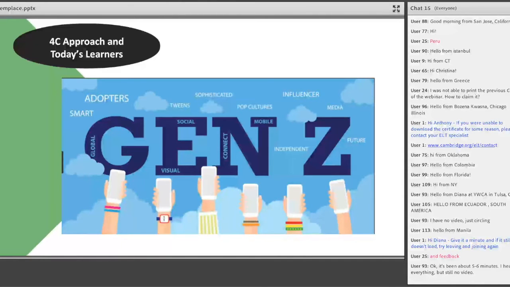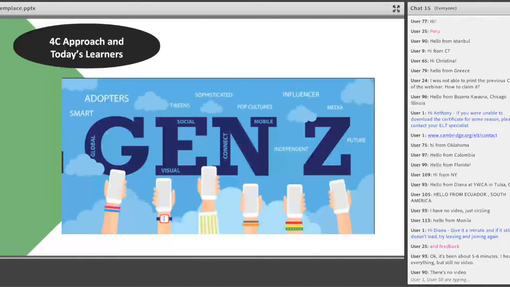Teaching and learning strategies really have to take all of these things into account. And so when we're thinking about how we can successfully implement this approach, we have to know and understand these characteristics. And you could probably imagine with some of these characteristics, the things that would be successful in the classroom and the things that may not be successful in the classroom.